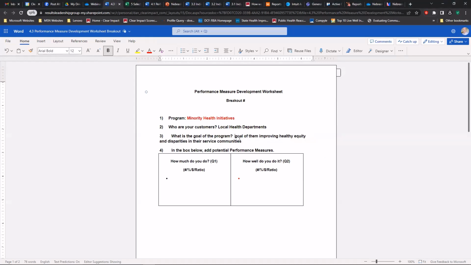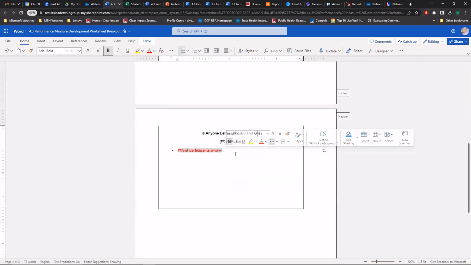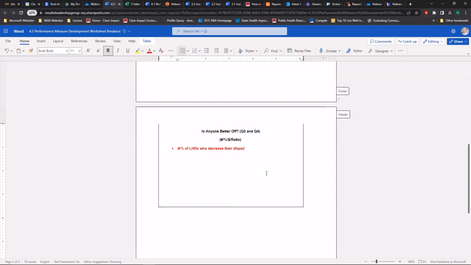The goal for the local health departments is to improve health equity and reduce disparities in their service communities. So in that case, this measure would be the number and percent of local health departments who decrease their disparities, because that's what you're trying to do, help them decrease their disparities.